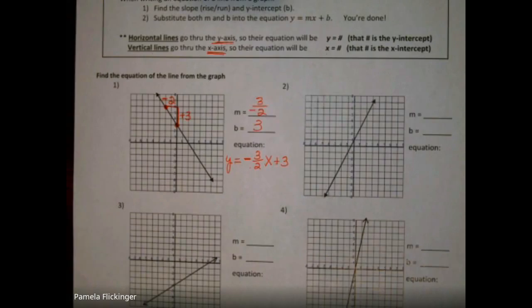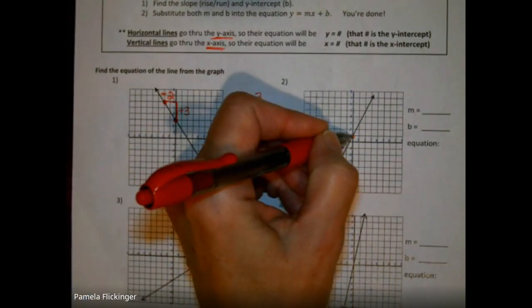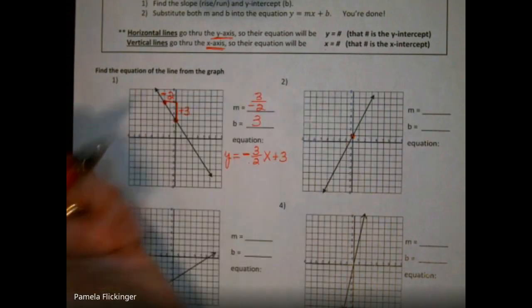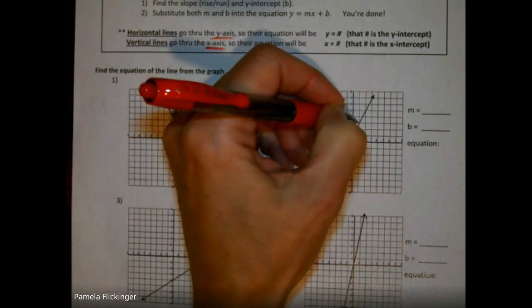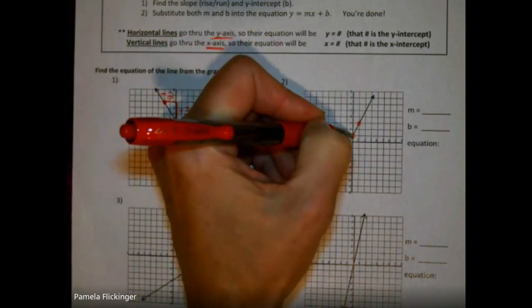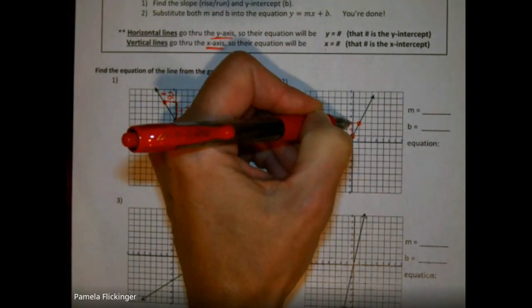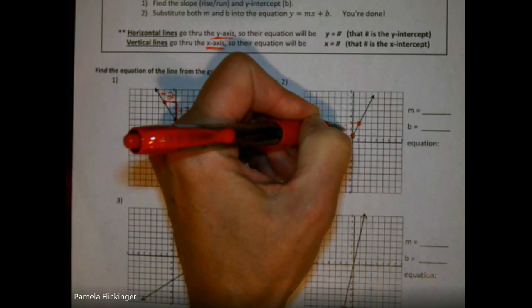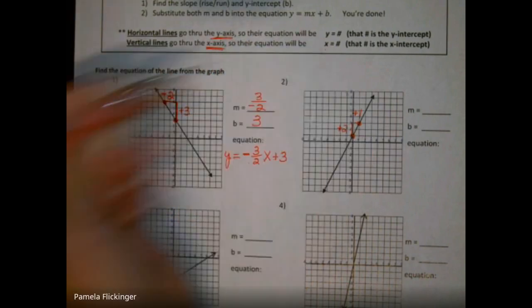Number 2. Again, use the y-intercept as one of your points, but then we're going to follow the line until we hit through a corner. So I'm going to count rise over run. I went up 2, so that's a positive 2, and then to the right 1, so that's a positive 1.